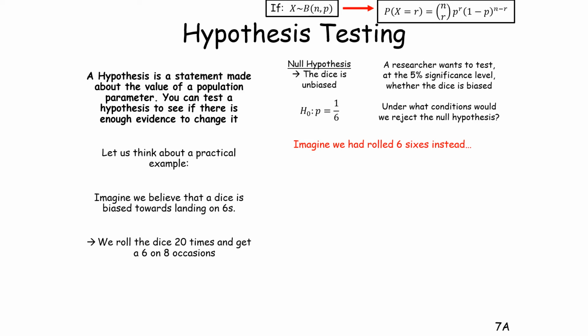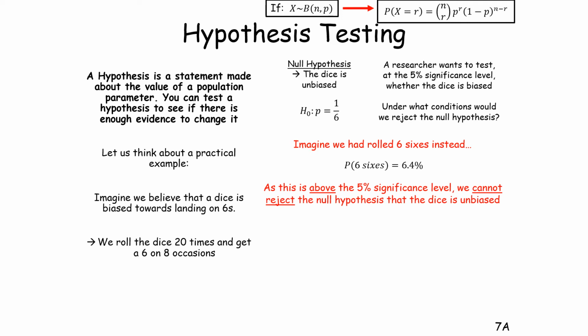So imagine we rolled 6 sixes instead. So what I'd like you to do is pause the video and work out the probability of getting 6 sixes. So here, probability of getting 6 sixes is 6.4%. Well, that's different, isn't it? Because 6.4% is greater than 5% significance.